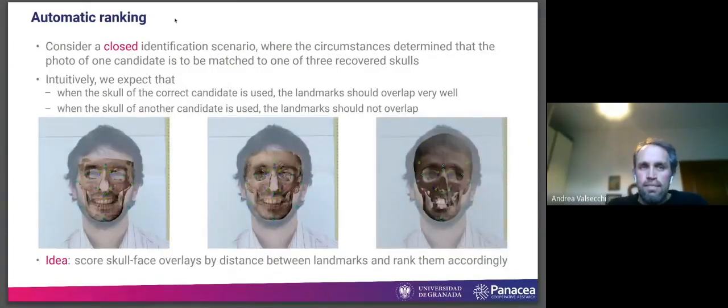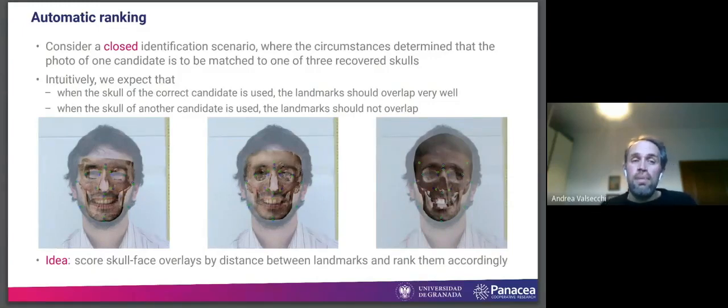So to explain things more precisely, we need to consider a closed identification scenario where, due to the circumstances, it has been determined that we have just one photo of a candidate, and we are sure that this candidate is going to match with one of 3 recovered skulls.